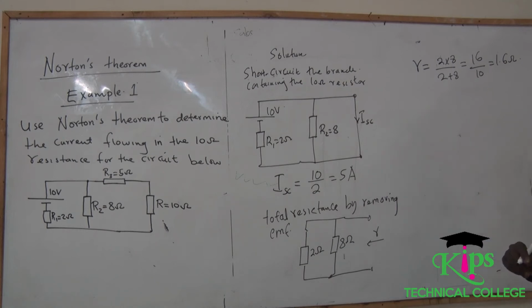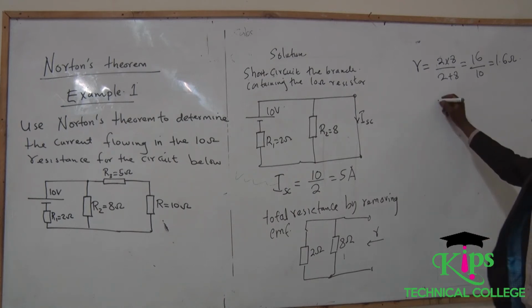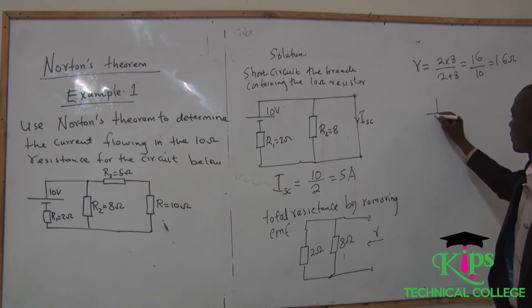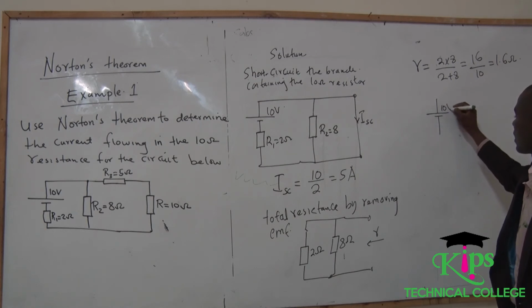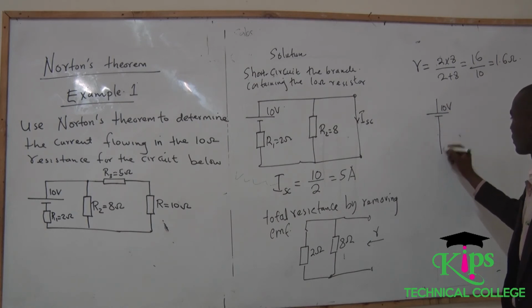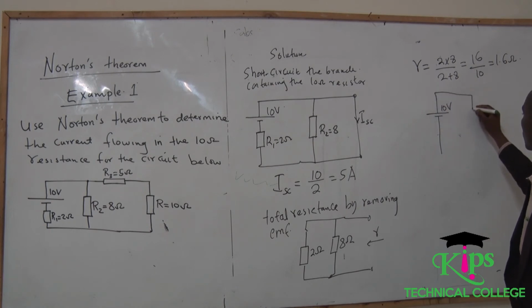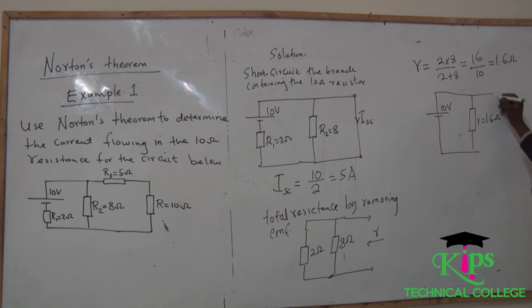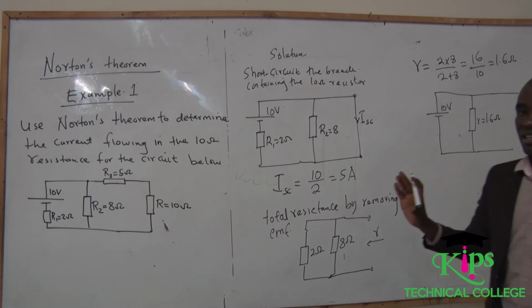After you do that, you need now to draw the Norton's circuit, which is presented as a parallel circuit, where we have the current source, 5 amperes, and the internal resistance R, which is 1.6 ohms. Then you also need to bring back the branch that you removed.